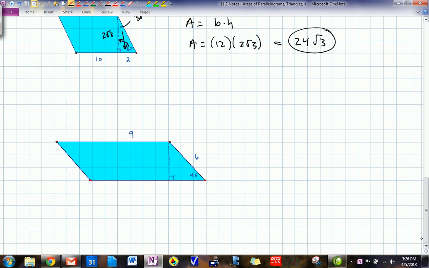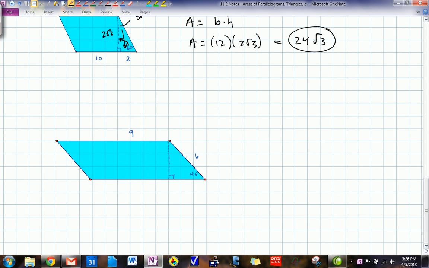All right, my last example here is another parallelogram. That shaded region represents the area inside a parallelogram. And we're given the top side is 9, the diagonal side on the right is 6, and that's a 45-degree angle. So if that's a 45-degree angle, then up here would also be a 45-degree angle. So we end up with a 45, 45, 90 right triangle.